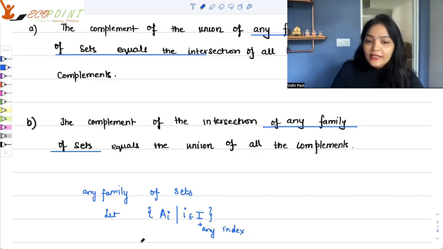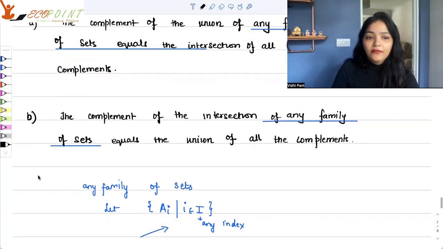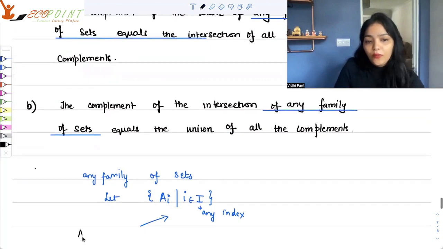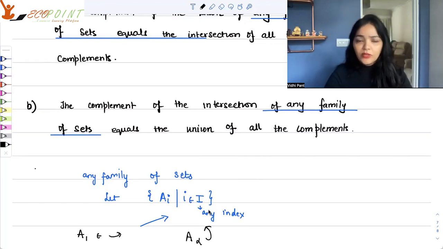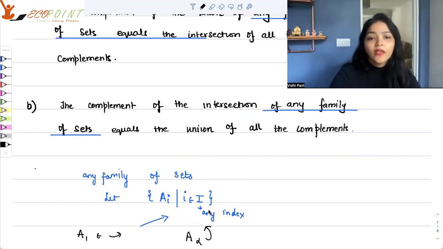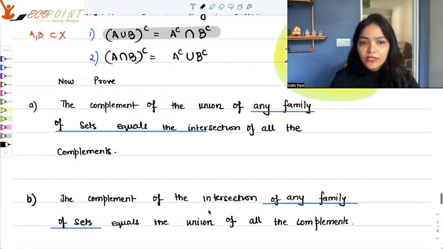But anything that falls here, if you say A1 belongs to this, that means it's a part of this family. If you say A alpha belongs to this, that means A alpha is a part of this family. Now, being a part of this family might involve some property. We don't have to do that because we are taking a general case.